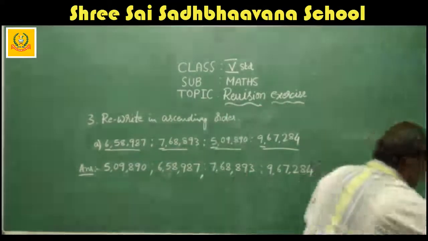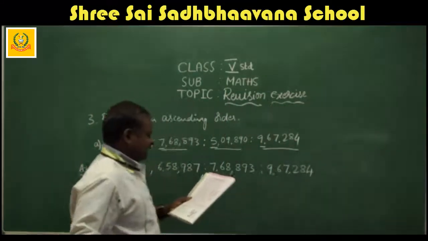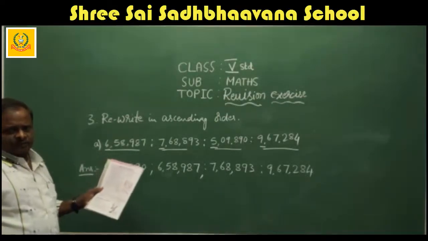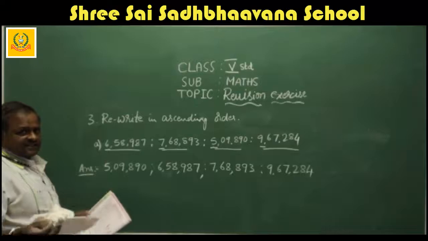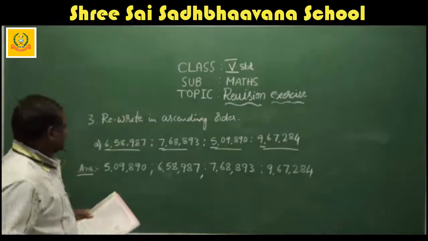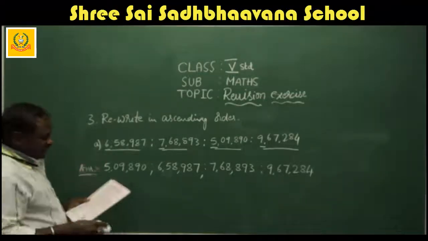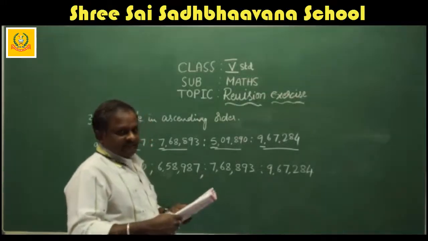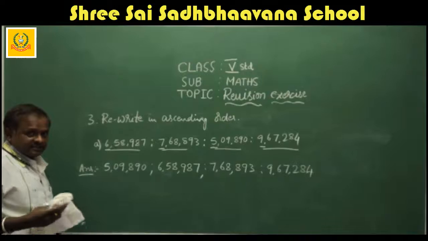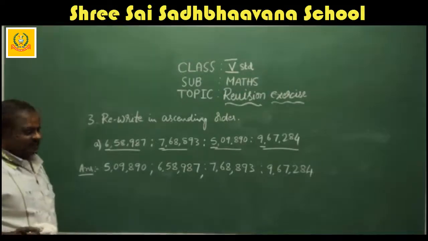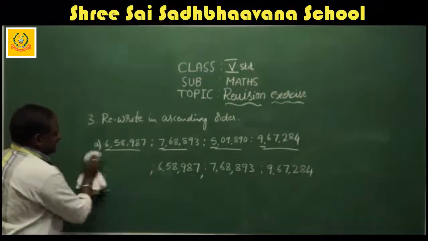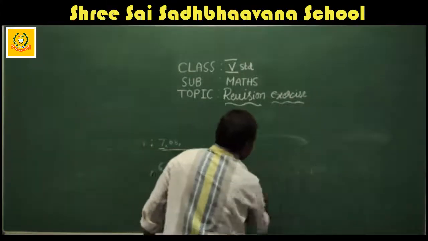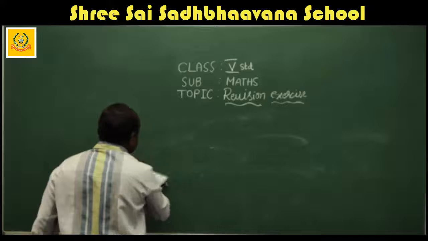Okay, next main is rewrite in descending order. This is all recalling for yourself, that's all. Just recalling the 4th standard syllabus, the number system chapter. Here, in the Knowing Our Numbers chapter, we are just recalling what you learnt in the 4th standard. Next main: rewrite in descending order.